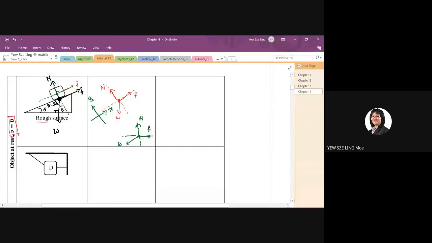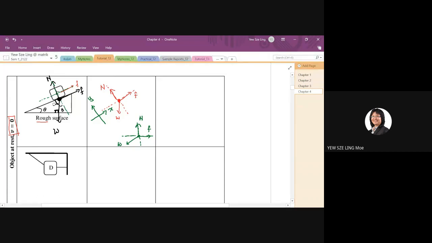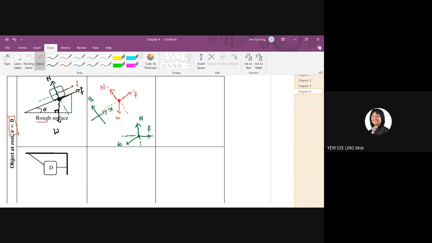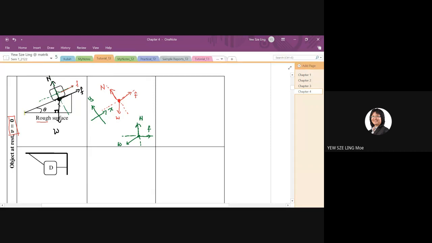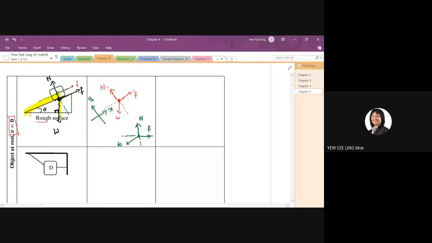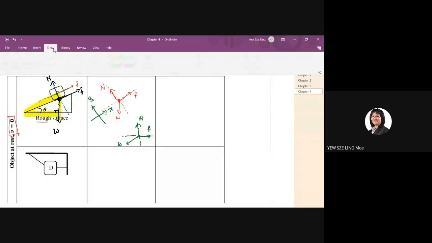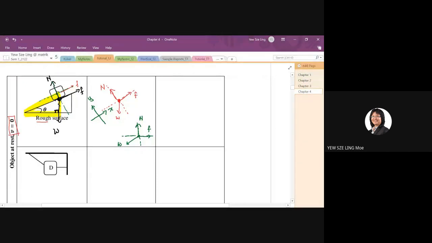If you enlarge this part, let me redraw it again. What you have here is a right angle triangle. A right angle triangle tells us that the total angles in the object is 180 degrees, and this right angle already takes up 90 degrees.